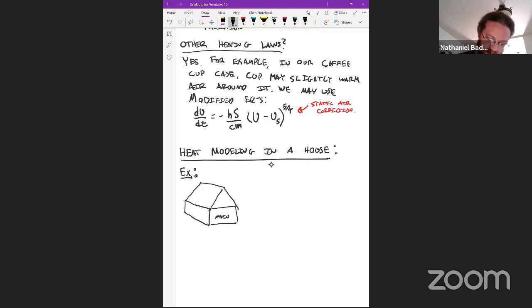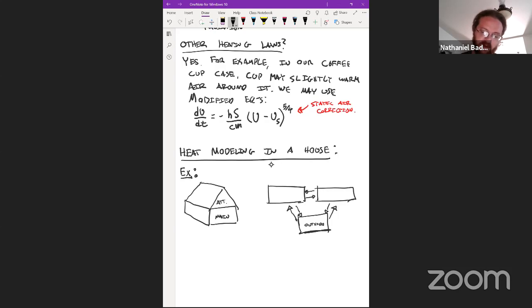In our compartment model, we have heat transferring back and forth between the two of them. We also have outside, and heat potentially transfers back and forth between these systems as well.